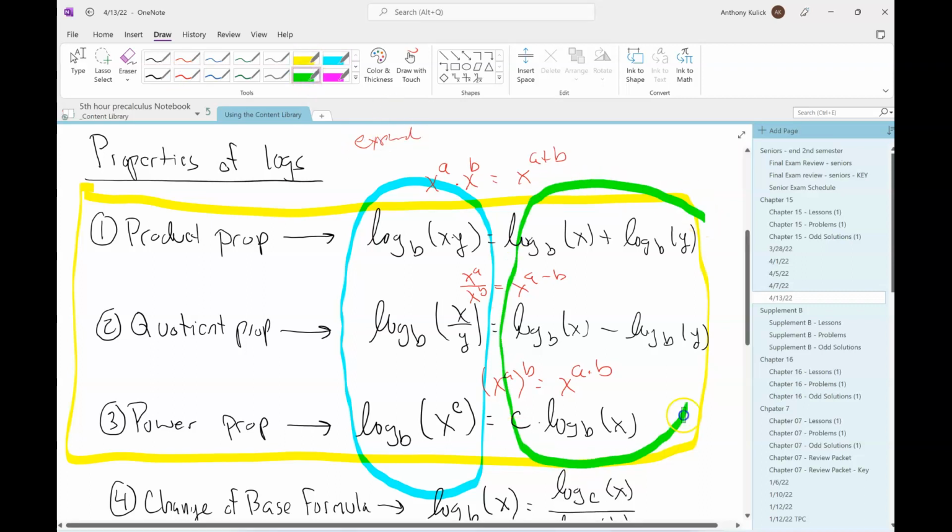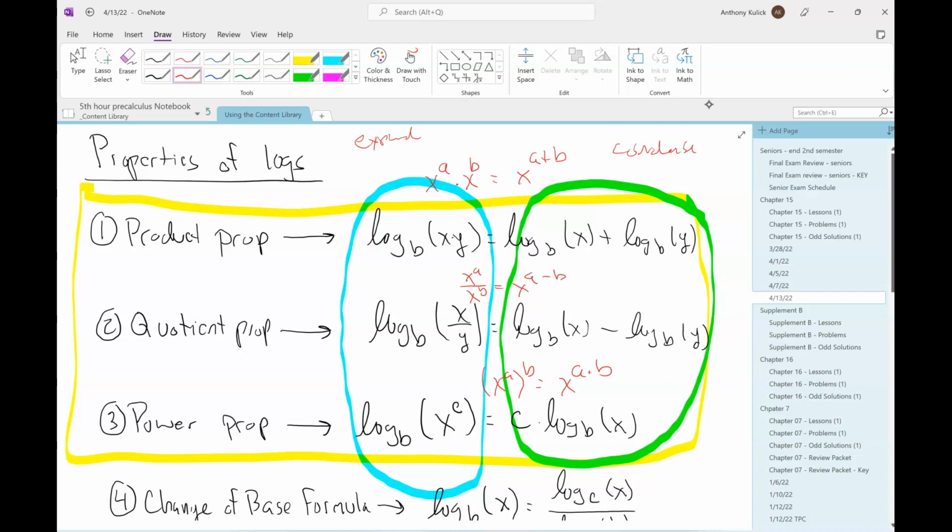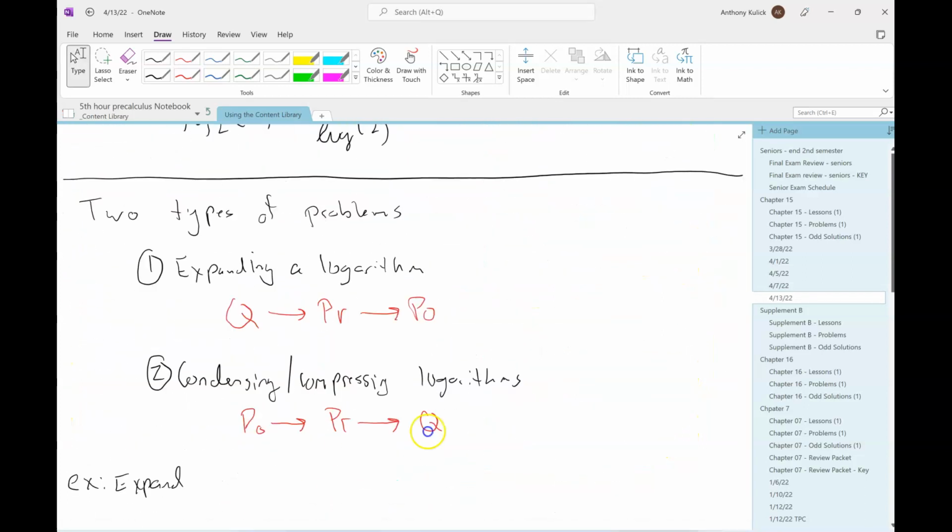And then when we're condensing or compressing, we'll be using the left or the right-hand sides, just as an aside.